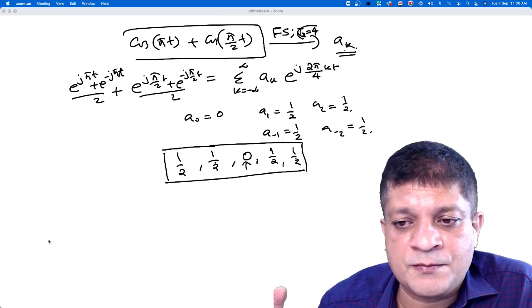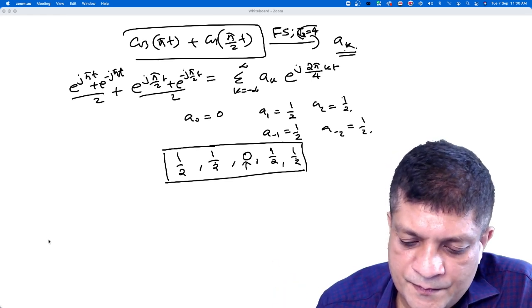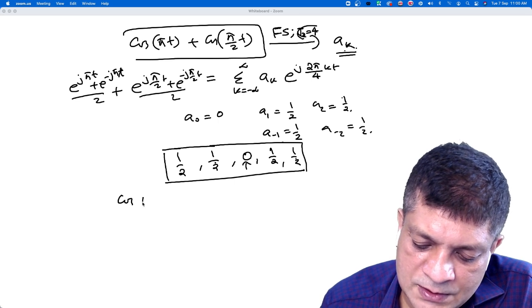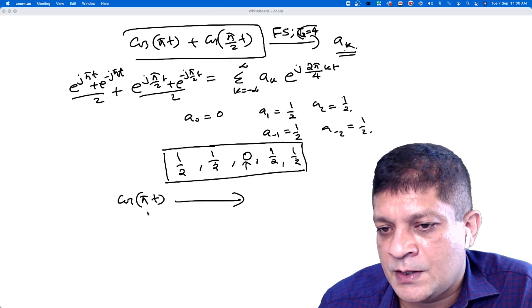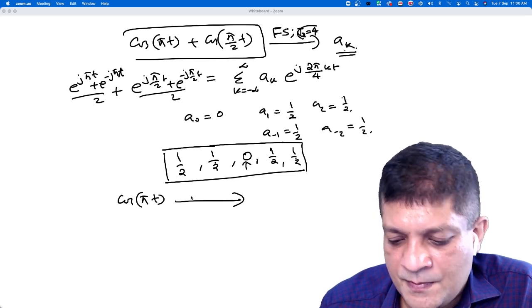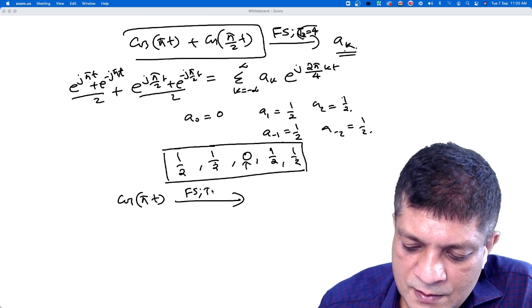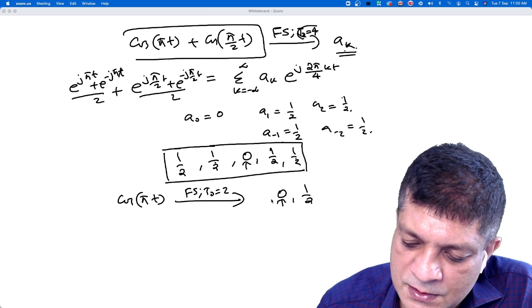Now let us apply the linearity property here. What are the Fourier series coefficients of cos pi t? What is the fundamental period of this, cos pi t? T naught is 2. And what are the Fourier series coefficients? Is it this?